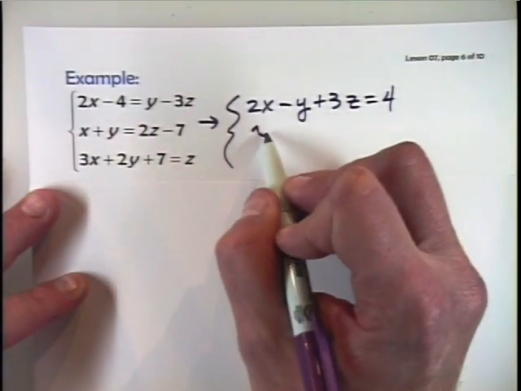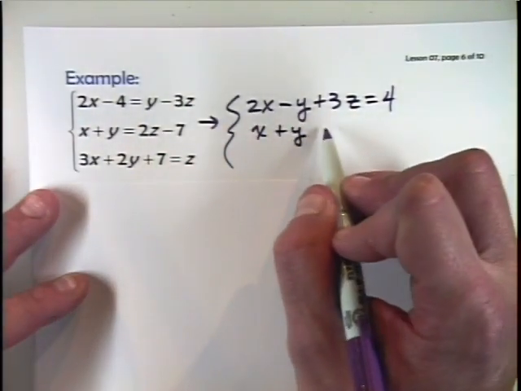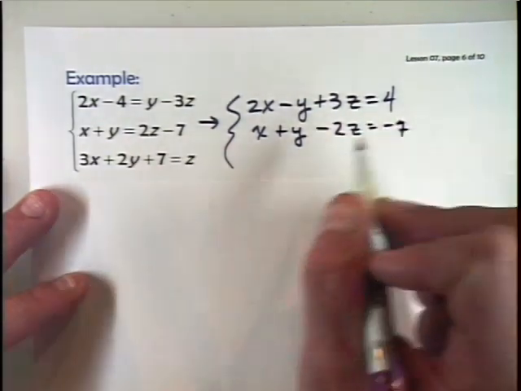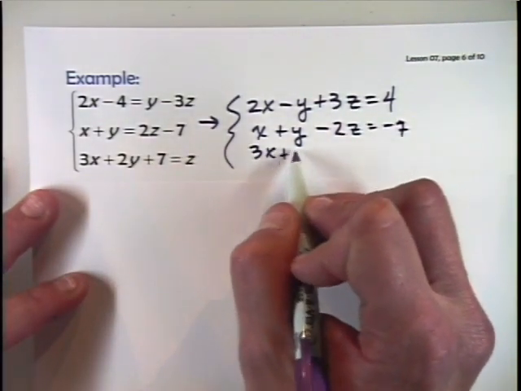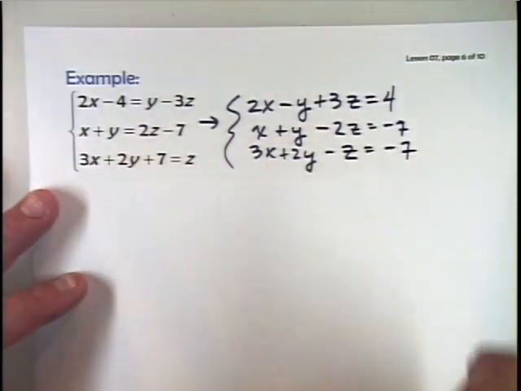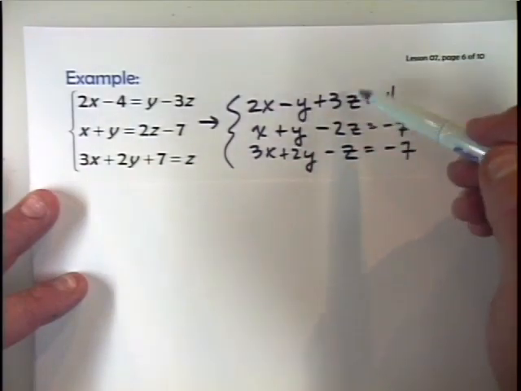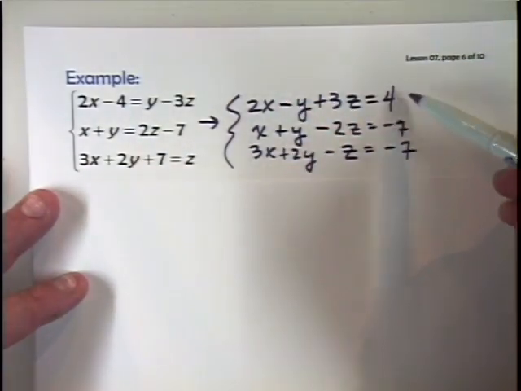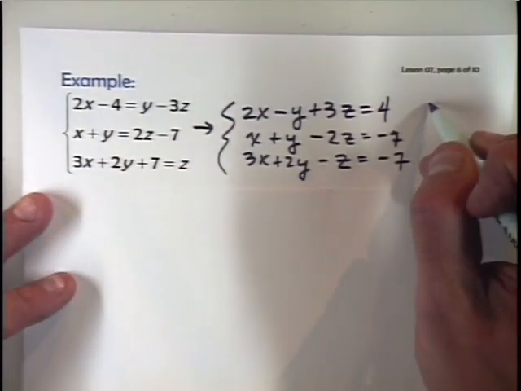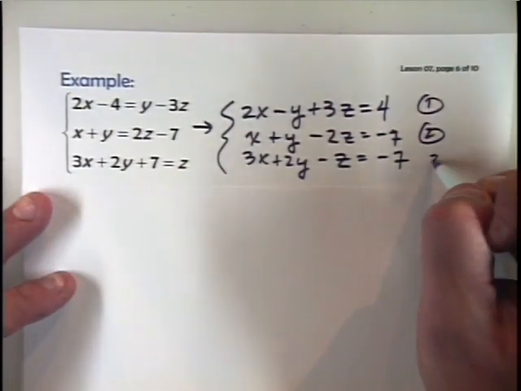This one would become x plus y, that already looks good, minus 2z equals negative 7. And then over here I'll get 3x plus 2y minus z equals negative 7. So that I have my x's, my y's, my z's all vertically stacked, and then I have my constants separated on one side. Now let's go ahead and give these equations names, 1, 2, and 3, so that I can refer to them.